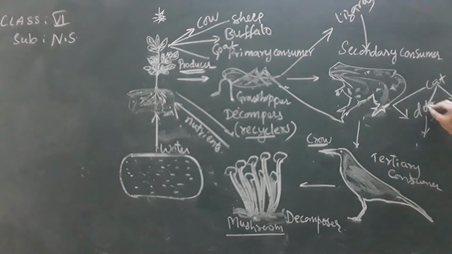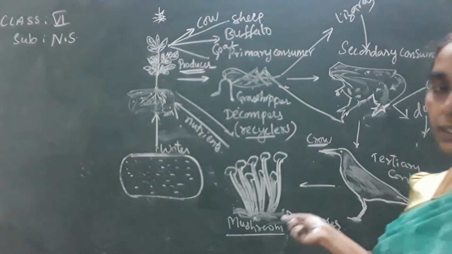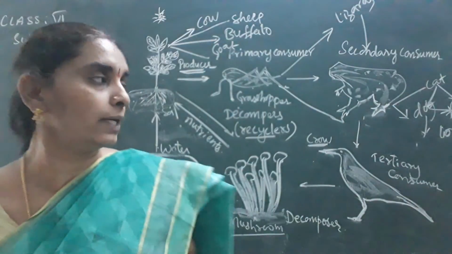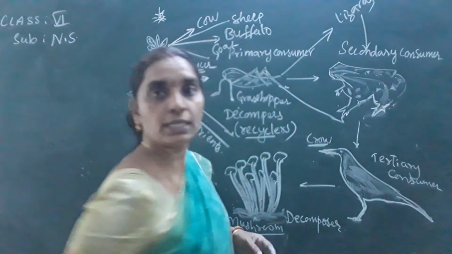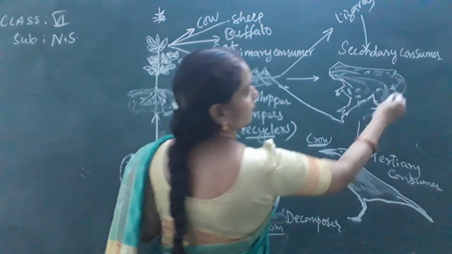Again dog is eaten by fox, fox is eaten by lion or tiger. Like this, there is a continuation process of the food chain. Several chains are formed here, isn't it? Did you understand here? Are you able to see this here?